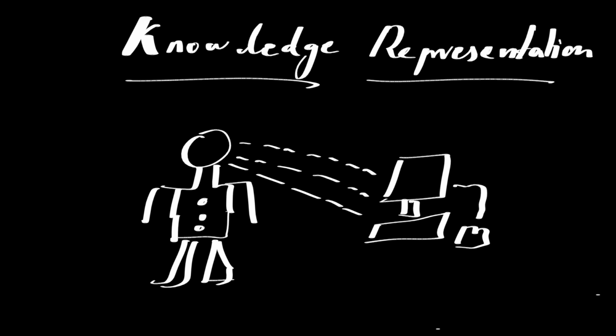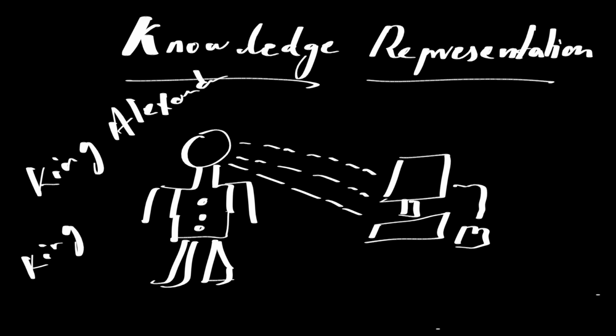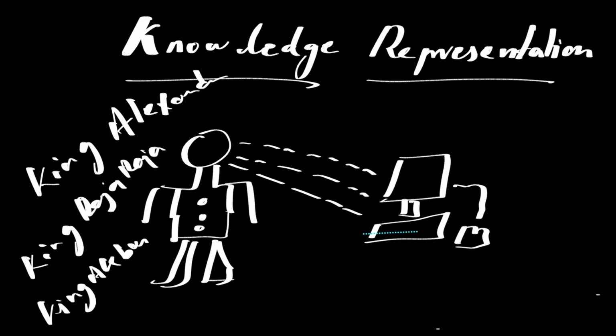Look, we might have the king Alexander, the king Raja Cholan, the king Akbar. Individually, they cannot be represented to the machine.